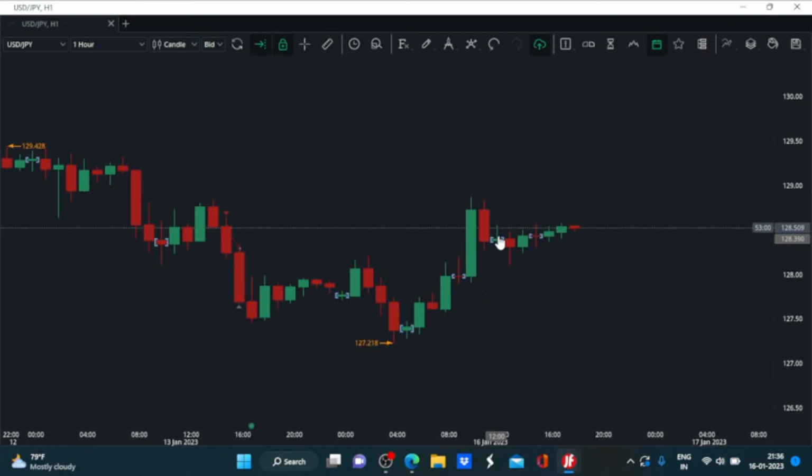That suggests the prior move might be ending, the uptrend might be ending, and this might be the time to close the prior trade, the profitable trade if you were on the long side. And if you are in losses, even in that scenario it is better to cut losses short and get out of the trade.